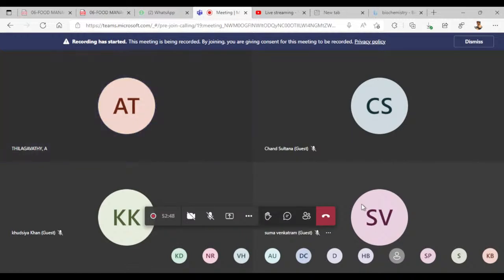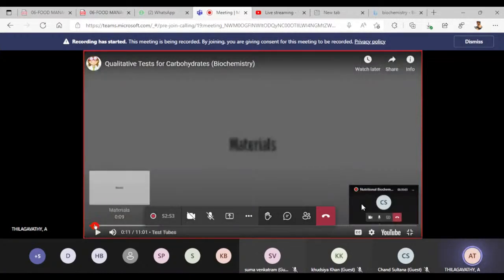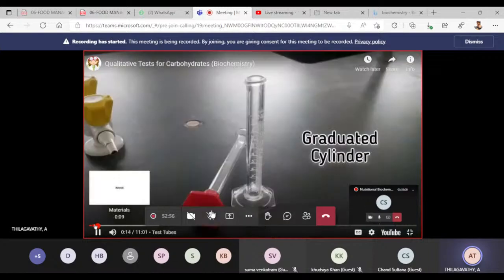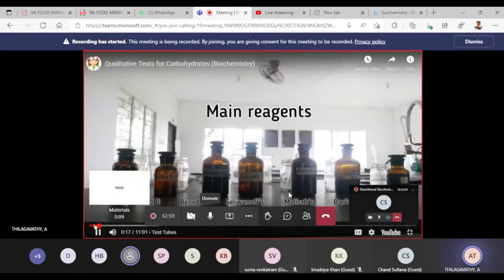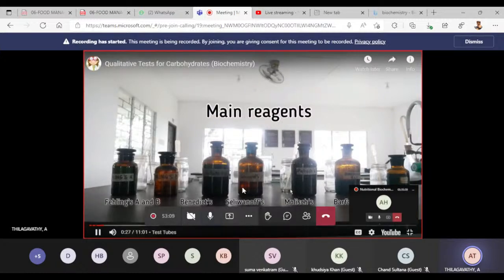So that you can easily take note of the observations that you will be making while watching the experiment. The following are the reagents: Fehling's A and B, Benedict's reagent, Seliwanoff's reagent, Molisch reagent, Barfoed's reagent, and iodine solution.